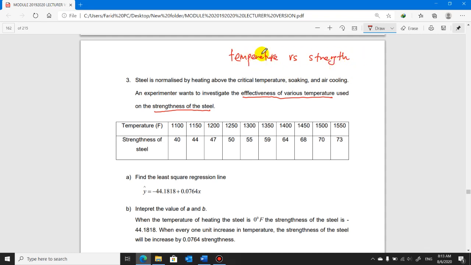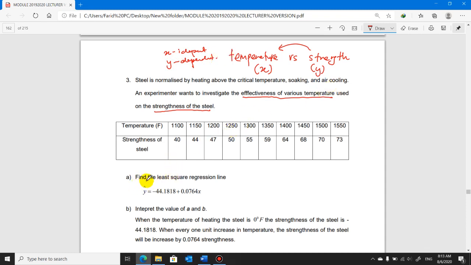What we can control is temperature, which means temperature is X, so this will become independent. We can control it, so it becomes independent. The strength will depend on the temperature, so strength is our Y. So simple, X is independent, Y is dependent.